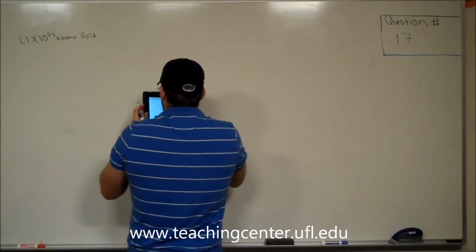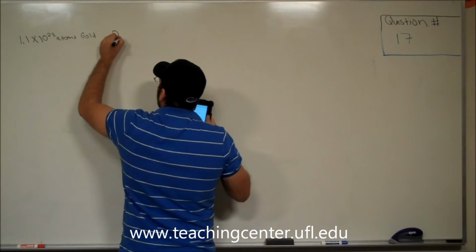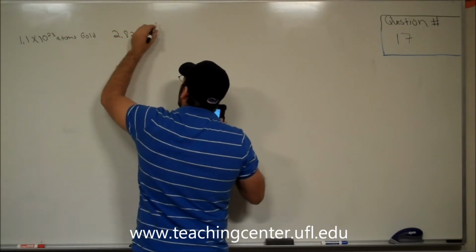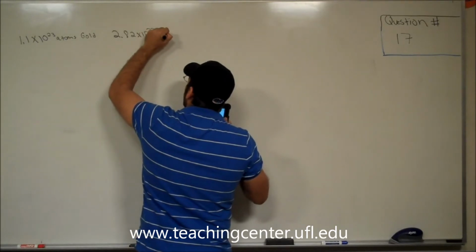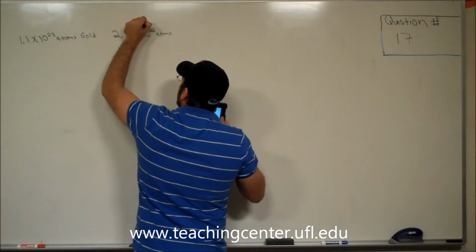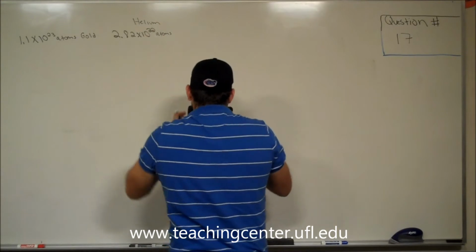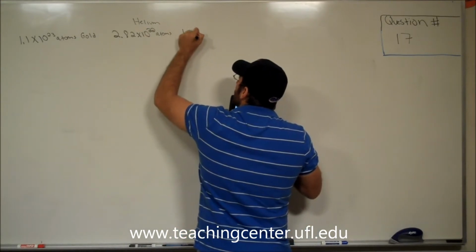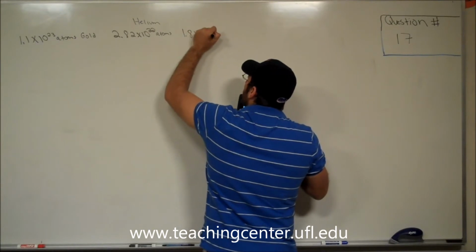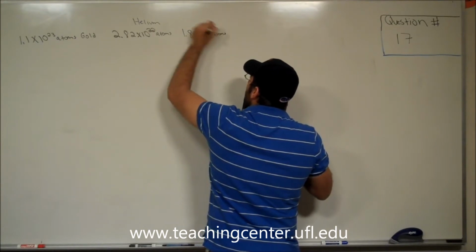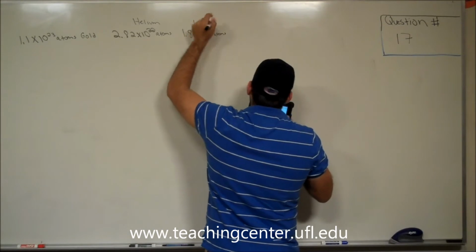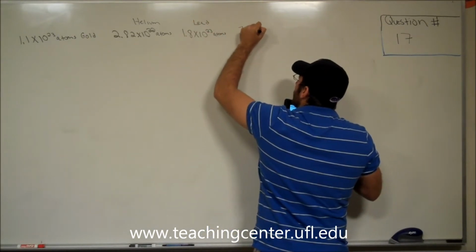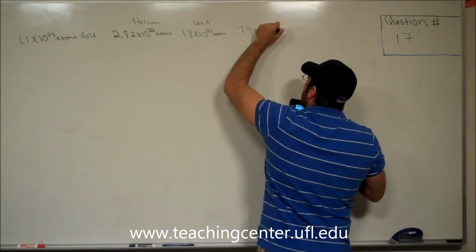Then 2.82 times 10 to the 22 atoms of helium, 1.8 times 10 to the 23 atoms of lead, and 7.9 times 10 to the 21 atoms of uranium.